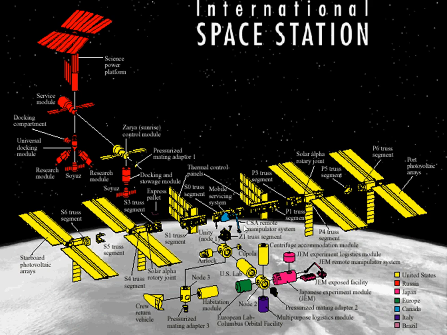From Canada, they had this robotic arm. And from Italy, they have the multi-purpose logistic module. And from Brazil, I think there is also a small piece. I don't remember where that one is. But in reality, there were about 24 countries that participated on the space station.